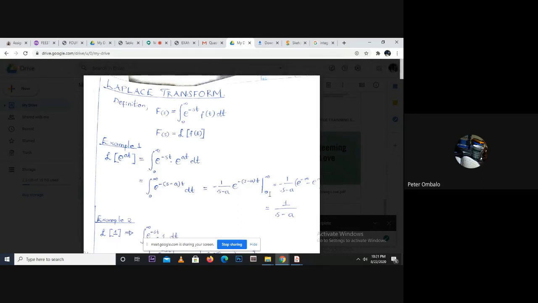And then we integrate it between 0 and infinity. So we have this term here remains, and then for anywhere we have t, because you are integrating it with respect to t, for the first infinity, it's going to be negative infinity, and then the second one is going to be raised to 0.